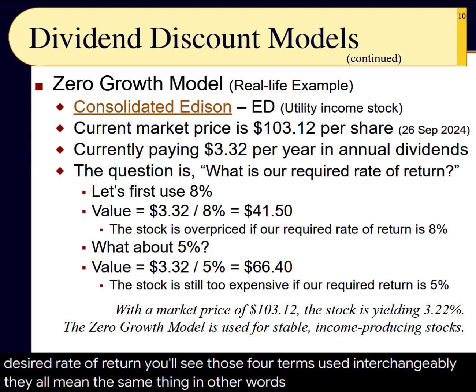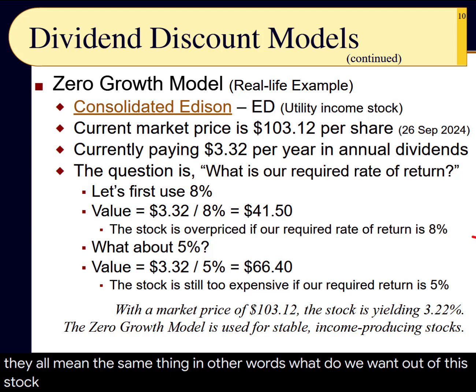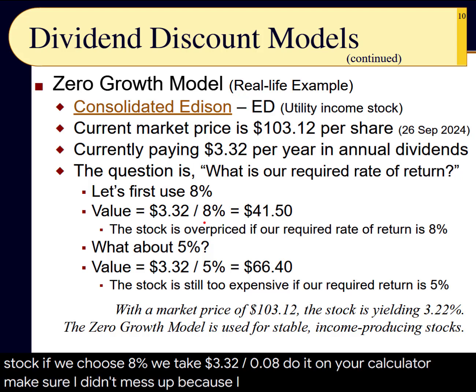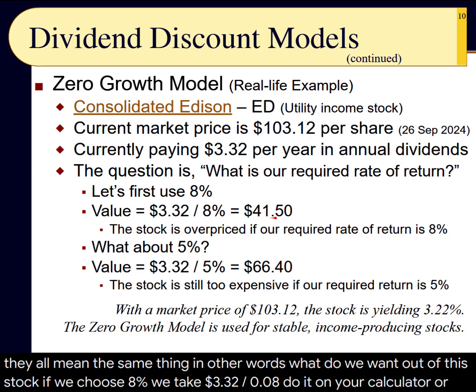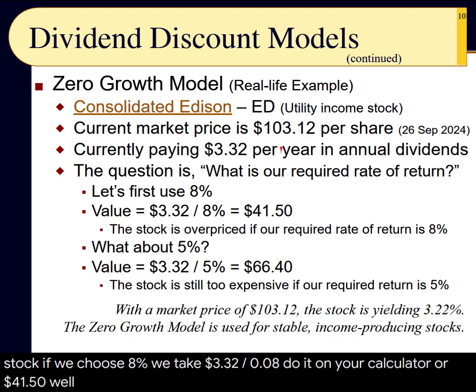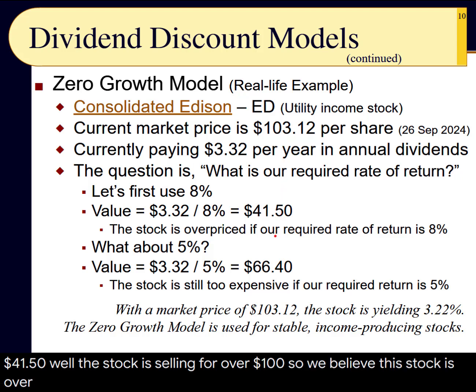In other words, what do we want out of this stock? If we choose 8%, we take $3.32 divided by 0.08. Do it on your calculator. Make sure I didn't mess up because I make a lot of mistakes. Or $41.50. Well, the stock is selling for over $100. So we believe the stock is overpriced if our required rate of return is 8%.